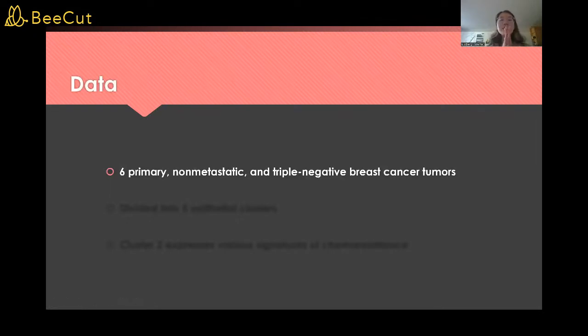The methods, first the data. There are 6 primary non-metastatic and triple-negative breast cancer tumors from females in the study, and their epithelial cells are divided into 5 epithelial clusters with a density-based approach that automatically selects the number of clusters.